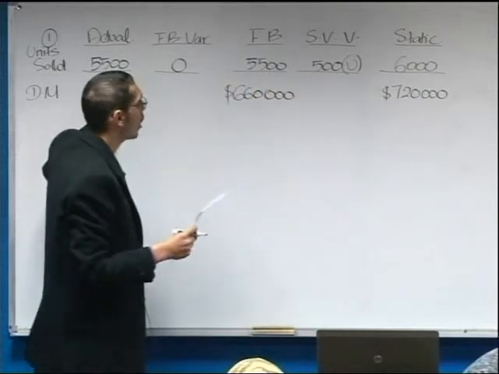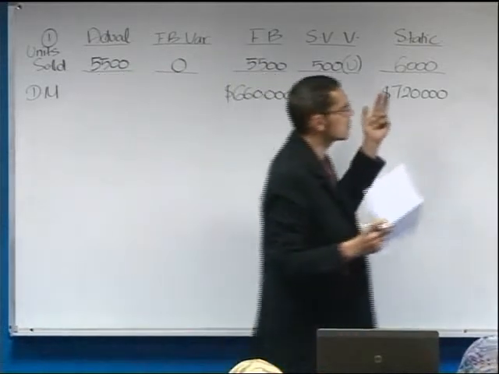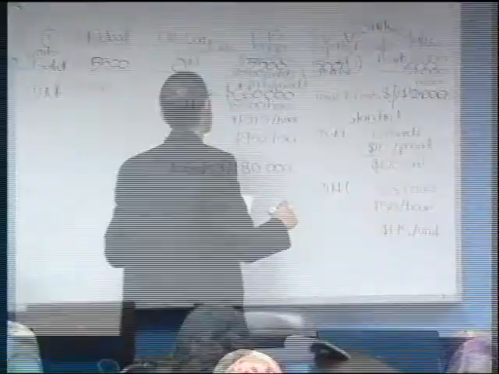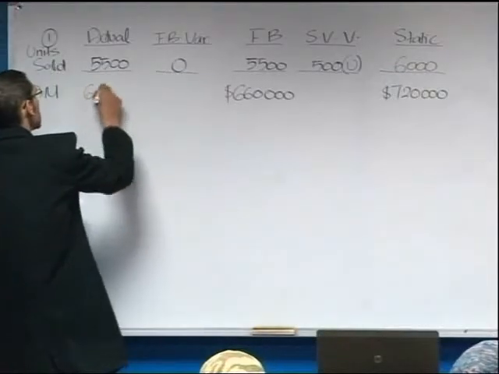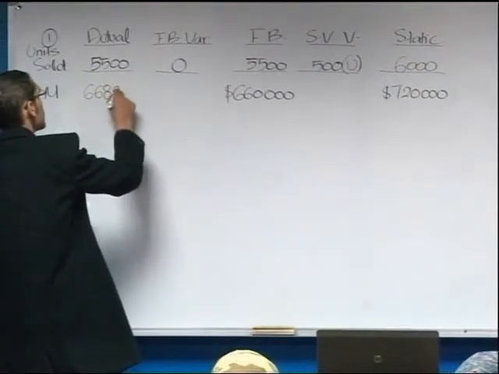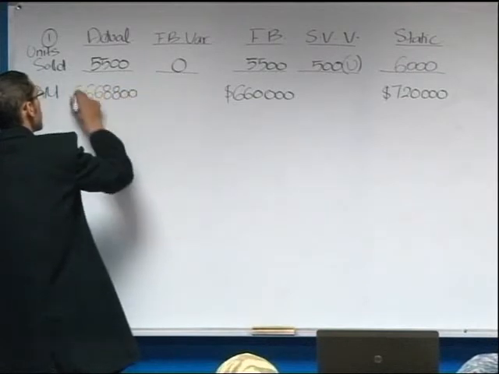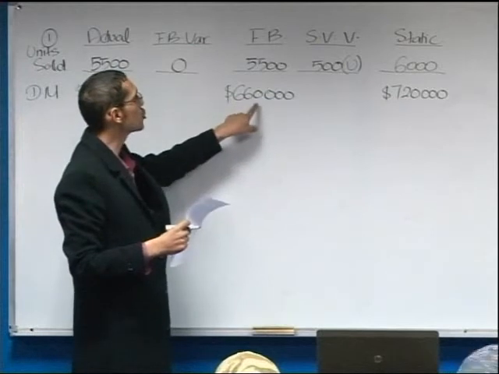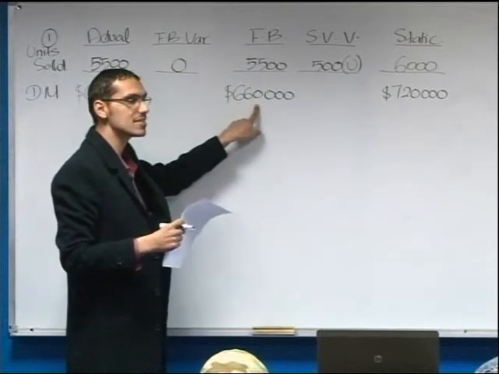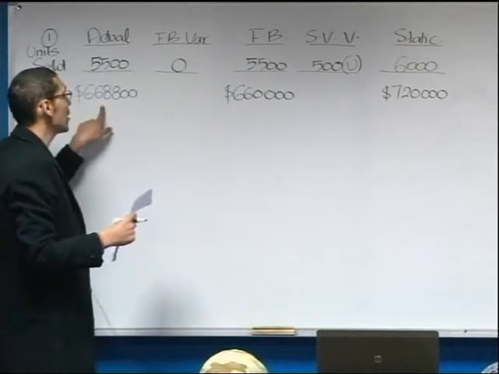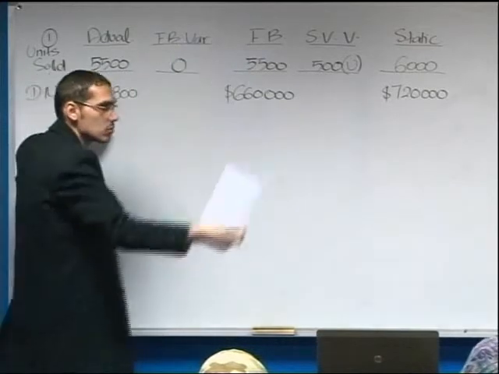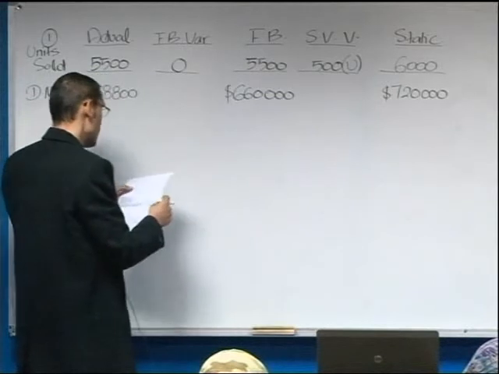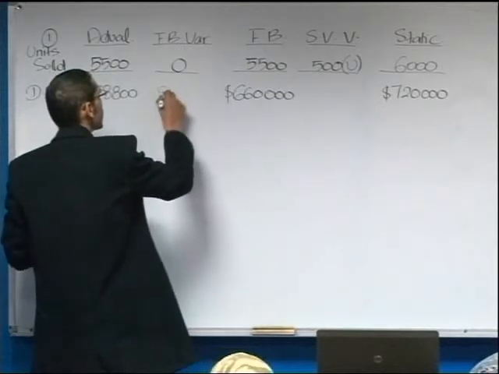Of course, according to our actual, they gave us the direct materials cost by the amount of $668,800. Therefore, as we can see here, we should have incurred 660, but instead we incurred 668,800, which is more, therefore an unfavorable variance by the amount of 8,800.